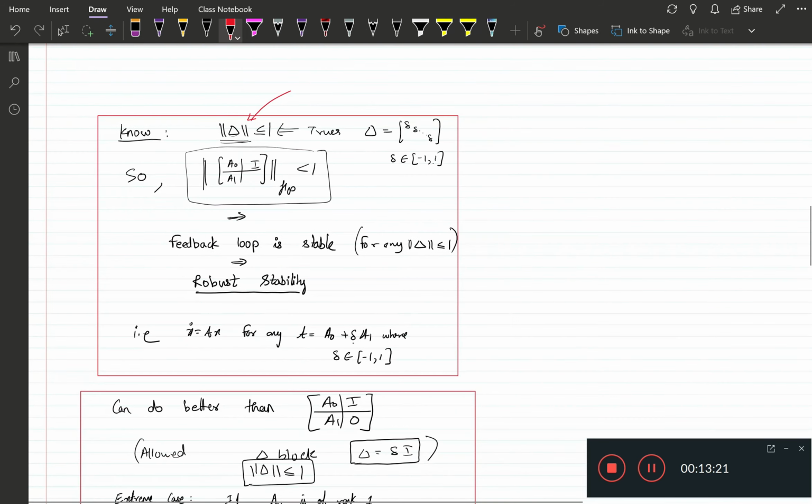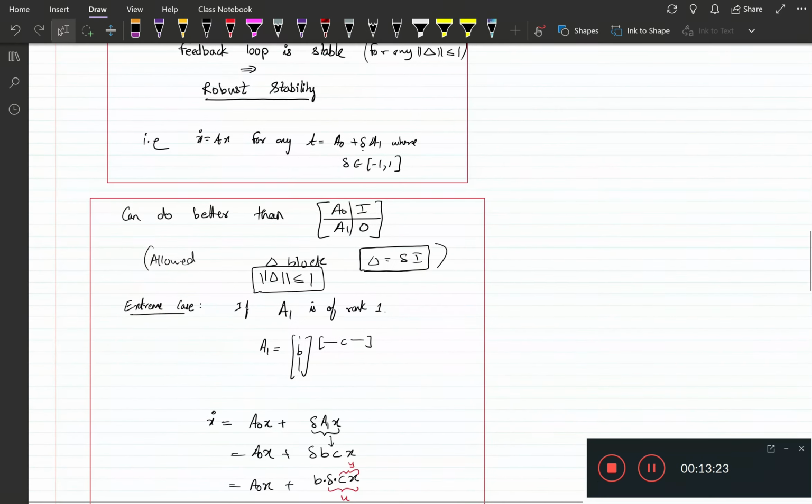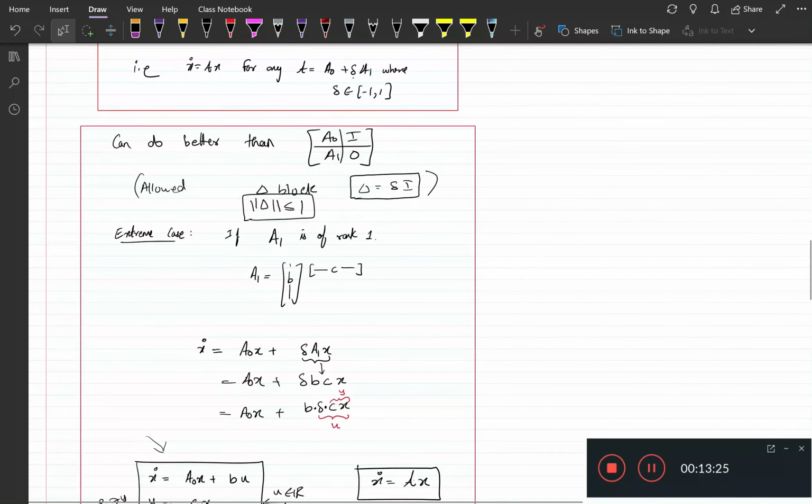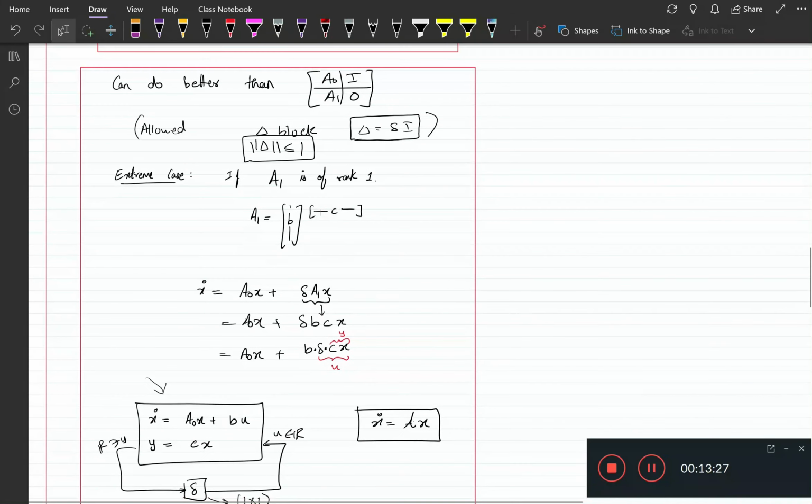So that's quite conservative. So we can look at an extreme case to get an insight of what we can do, and this extreme case is what we will need for our problem, exercise problem 21.1. So there indeed A1 would be of rank 1.